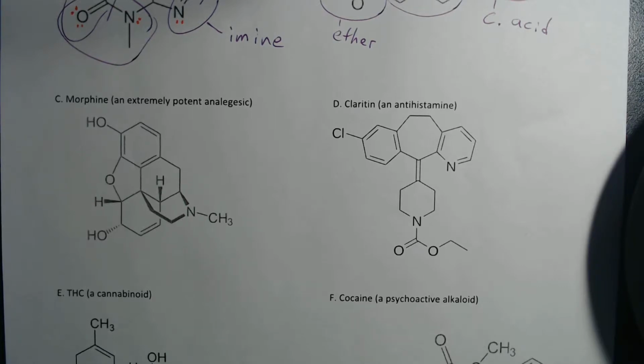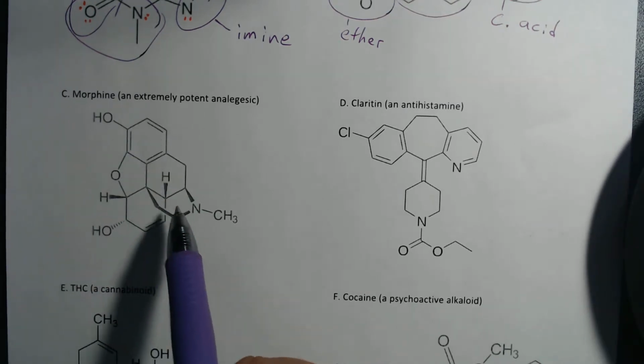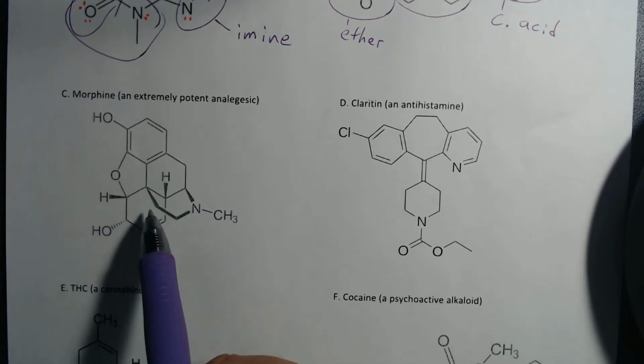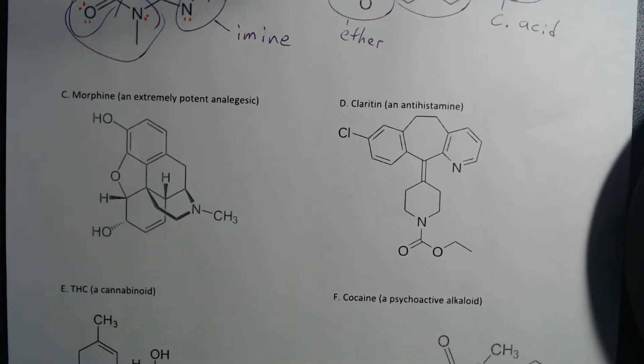I did give you guys an equation, and if you're being asked what is IHD and you're given a formula, the hard way is to determine the formula then calculate it. The easy way is just to look in there and count it. You want to basically just count any rings or double bonds. So the benzene ring is 4, 5, 6, 7, 8, 9.